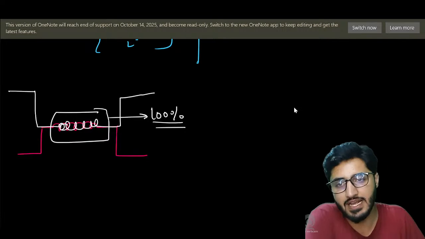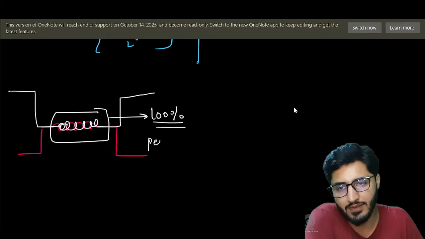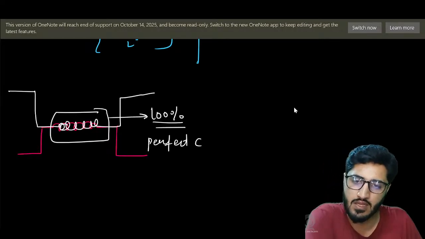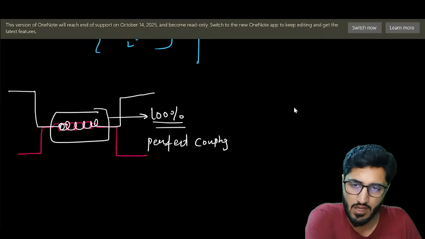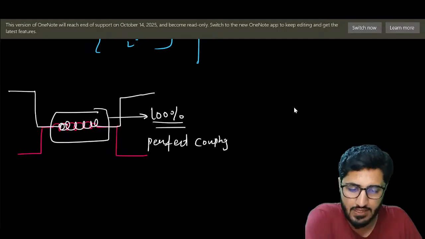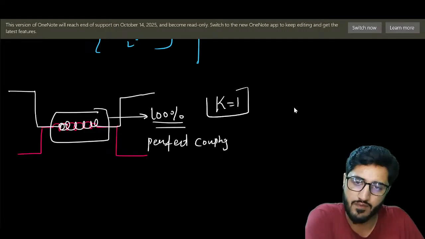Magnetic field lines are 100% intermixing. You will write it as a perfect coupling.